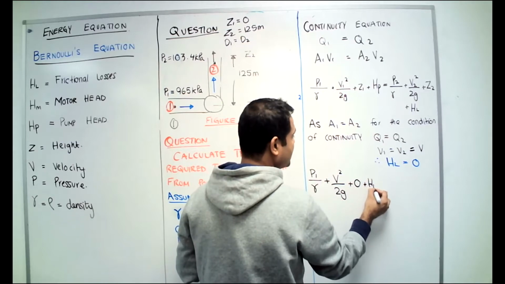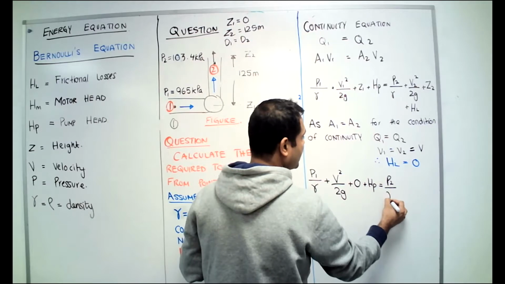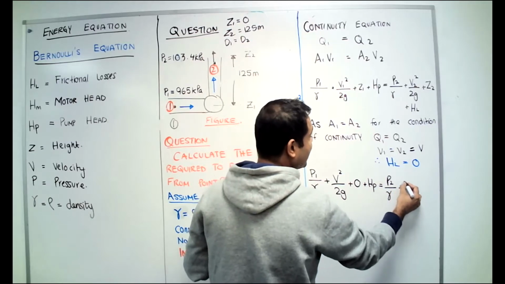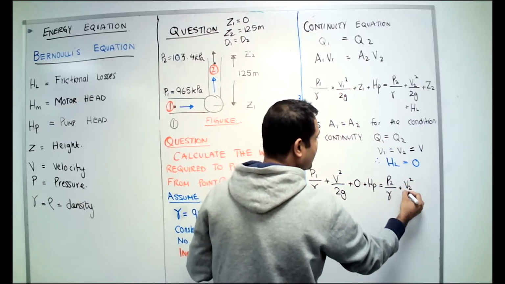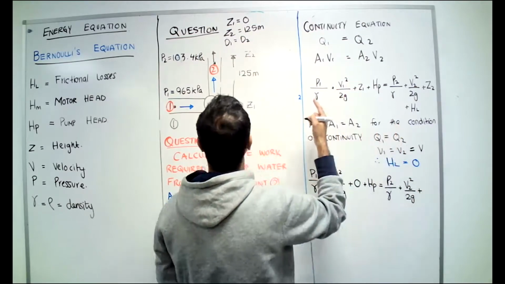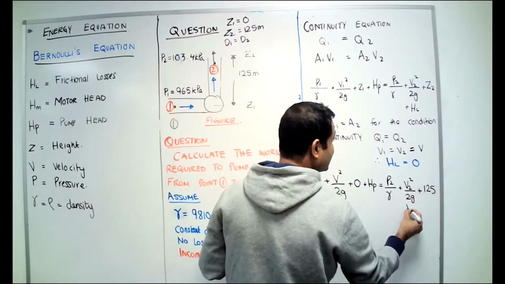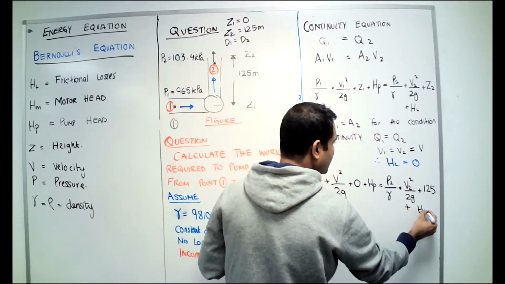Plus HP equals P2 over gamma plus V2 square over 2G plus Z2 is 125 plus HL.